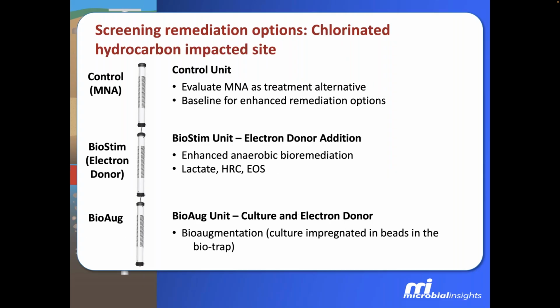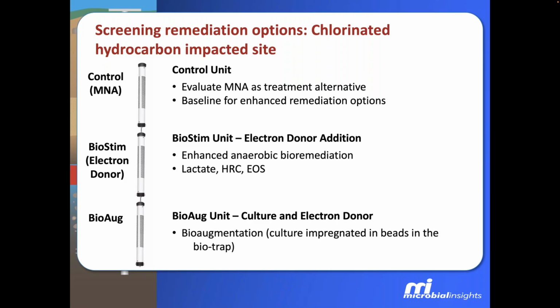If I look at the same kind of idea now, looking at chlorinated hydrocarbon impacted sites, again, one possibility, again, I keep showing these in threes, but remember, we don't necessarily have to have three. If we only have a question about one amendment, we would use two. But for a chlorinated hydrocarbon site, say we might have three of the in situ microcosms.